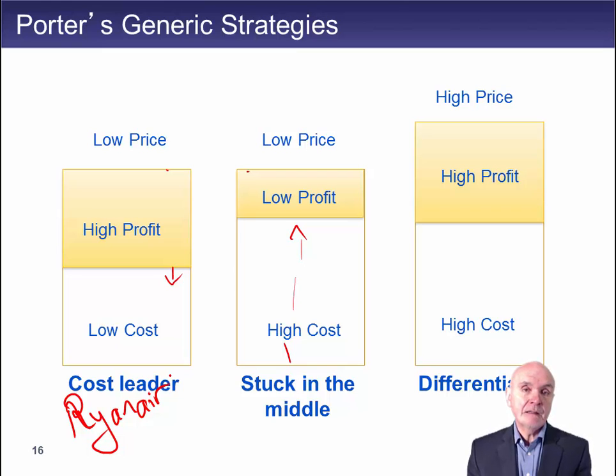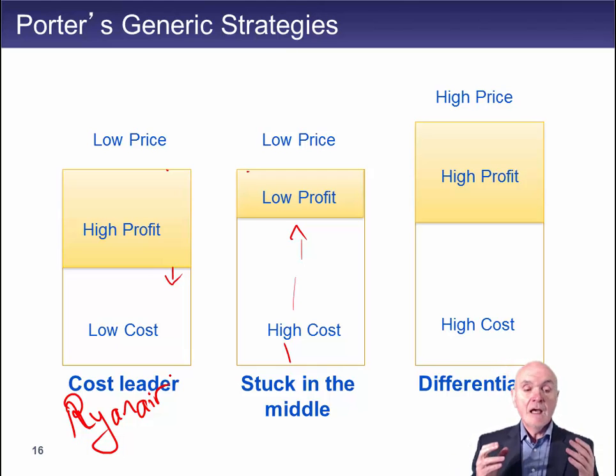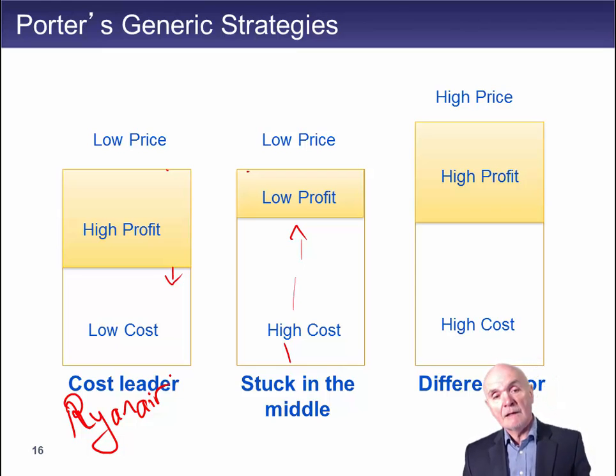Even in years where other airlines are making huge losses, Ryanair will be coming in, making $500 million in some of the worst years of aviation, from about 2010 onwards.